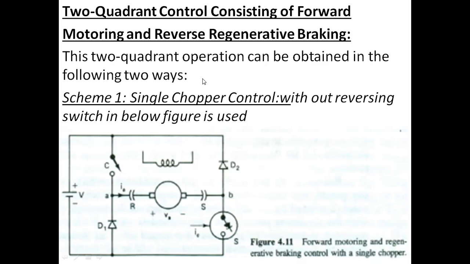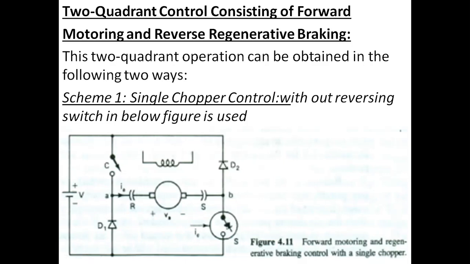For motoring operations, the manual switch C is used. When the switch C is closed, S is controlled. This semiconductor switch is controlled, giving a class A chopper. So it acts as a class A chopper when C is closed and S is turned on and off. Control means on and off.